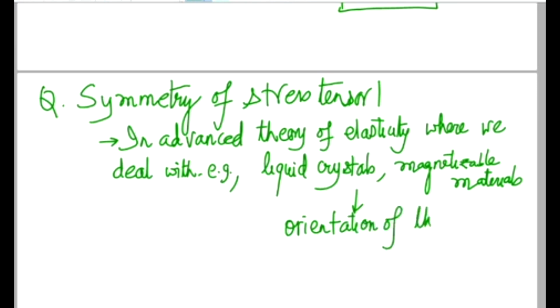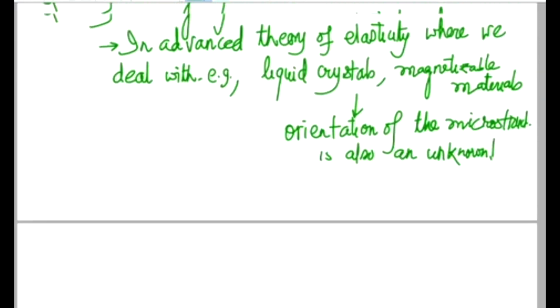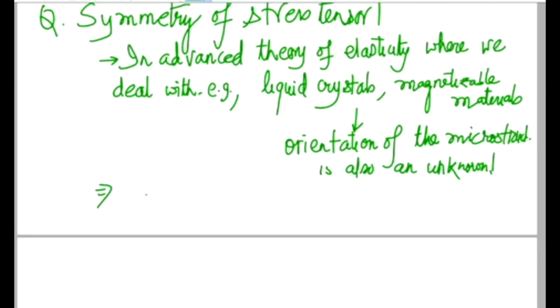The orientation of the microstructure, which is the magnetic dipole in case of magnetizable material, is also an unknown. And there we also have body couple.